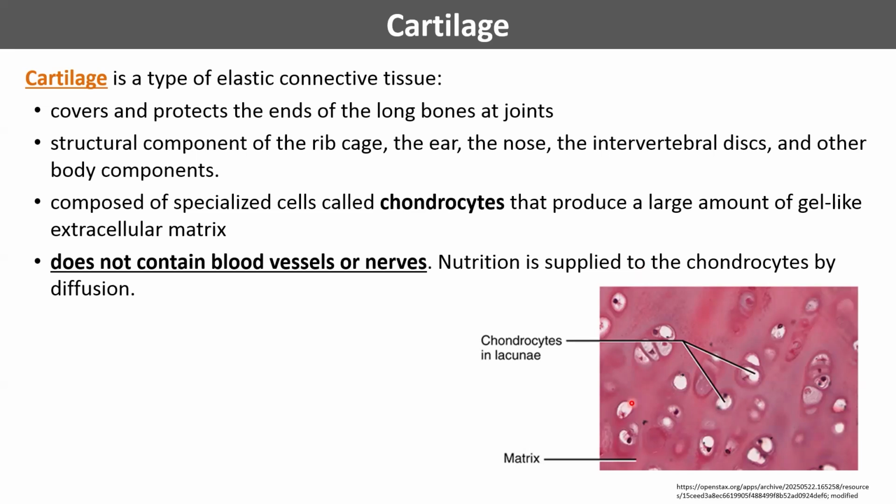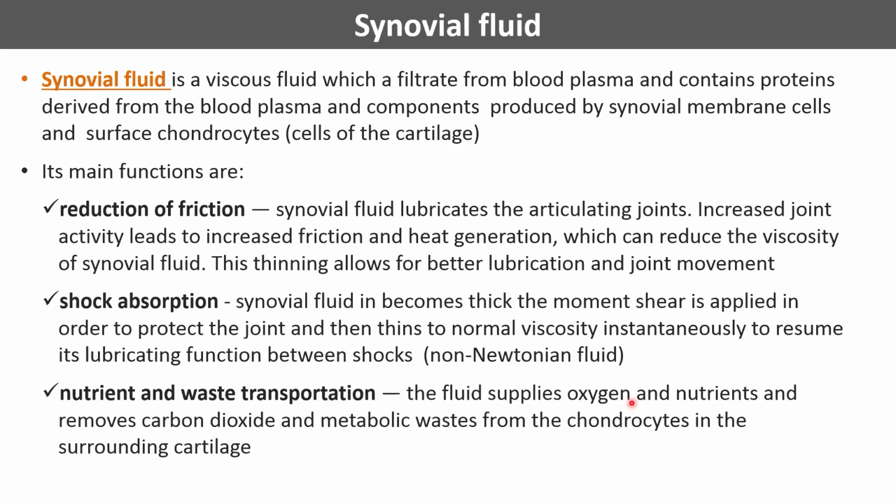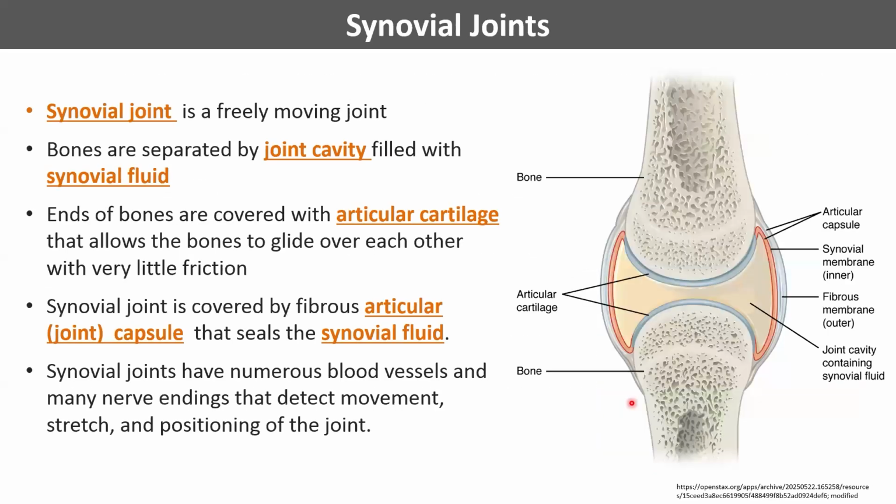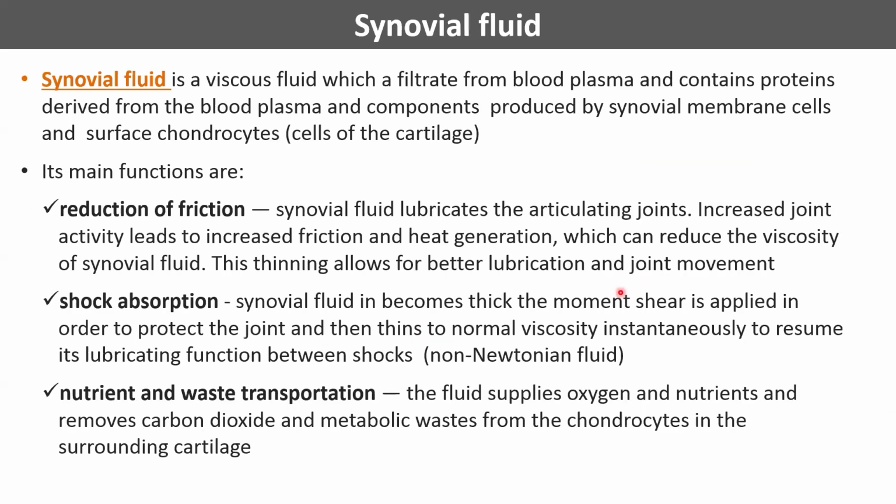The other unique component of the freely moving joint, or synovial joint, is synovial fluid itself. So it's here. Let me show you. So this was our cartilage on the top of the bones and synovial fluid between them. First of all, it lubricates the joints, and the higher the activity, the more movement is in the joint, that increases the friction, and friction always results in heat generation.